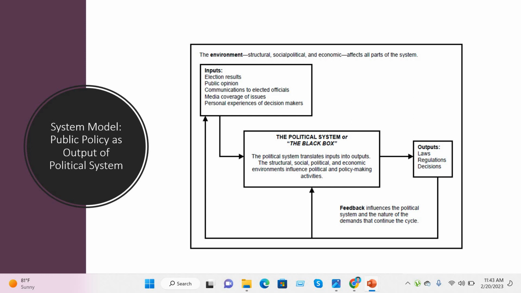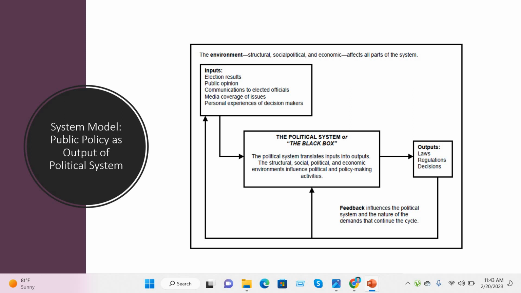The environment is the main theme for any political system or public policy, because the environment is shaped by the public. Here we have inputs: election results, public opinion, communication to elected officials, media coverage of issues, and personal experience of decision makers.